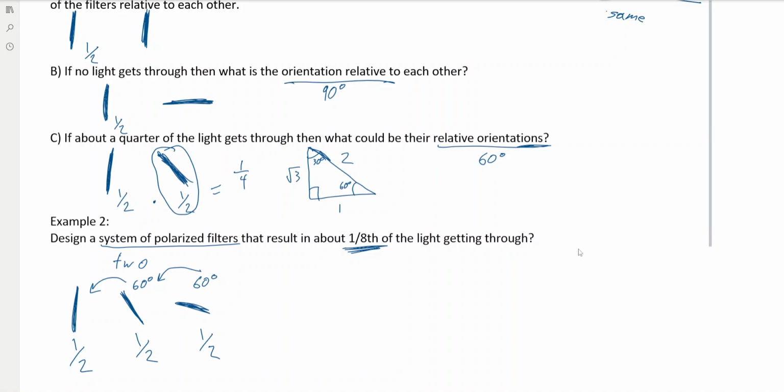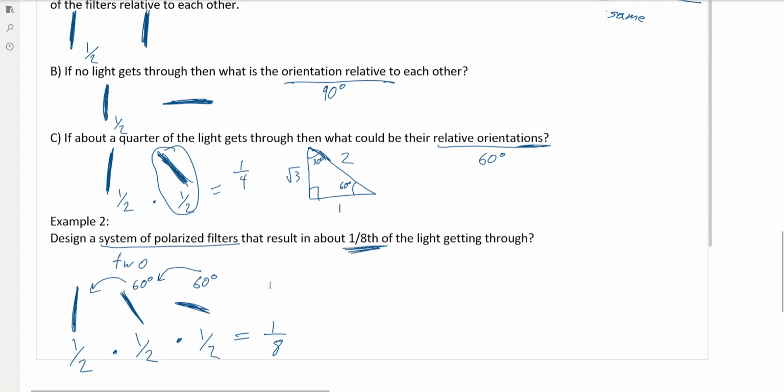And so by using 3 filters, each with a half, you could multiply those together and you would get 1/8. Again, reasonably, we wouldn't really ask this in physics 30, but logically, I think you guys can think about it and figure that out.